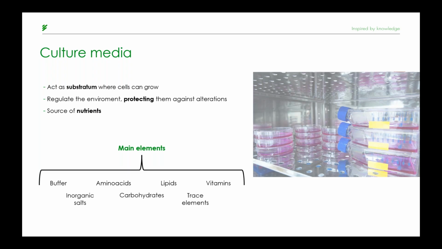We have the trace elements, metals used as cofactors in enzymes, essential enzymes for the metabolism. Finally, vitamins. These organic and inorganic compounds are ones that the cells cannot produce by themselves.